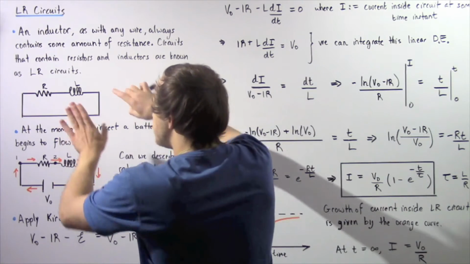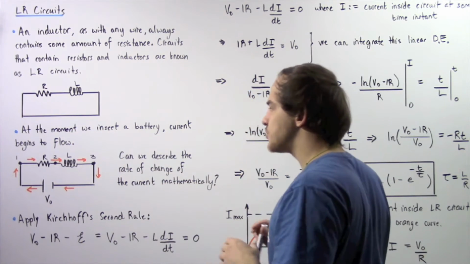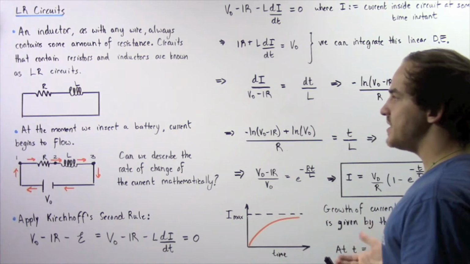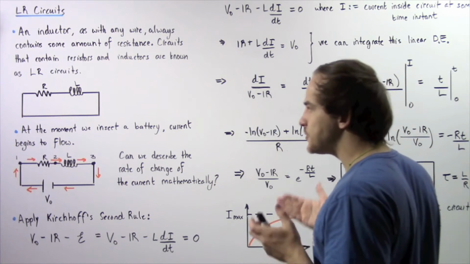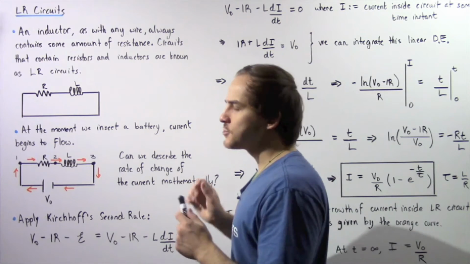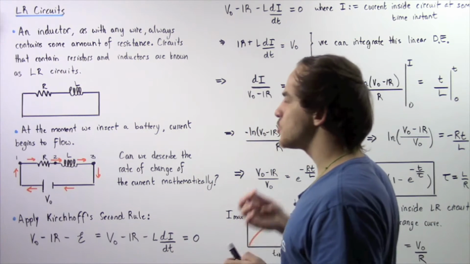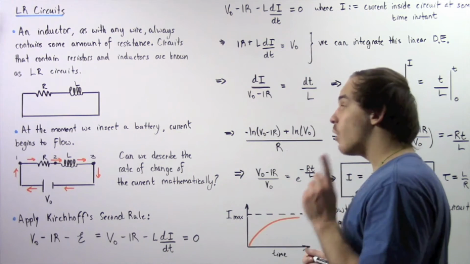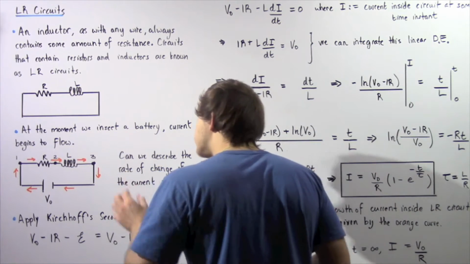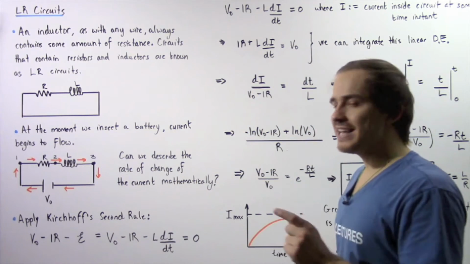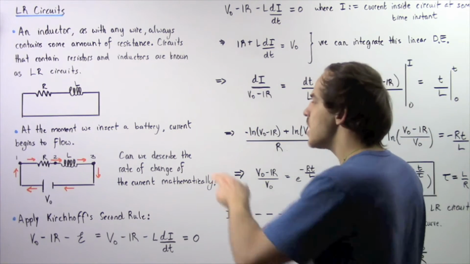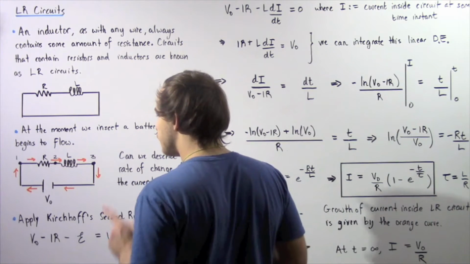Because we have no battery source, we don't have any voltage difference within our electric circuit, and so electric current will not flow. However, at the moment we insert a battery into our electric circuit, current will begin to flow.